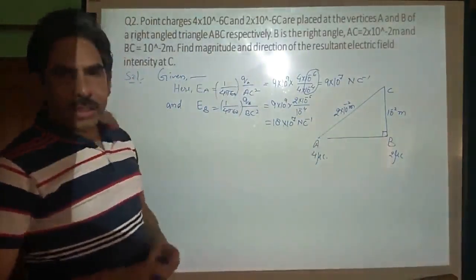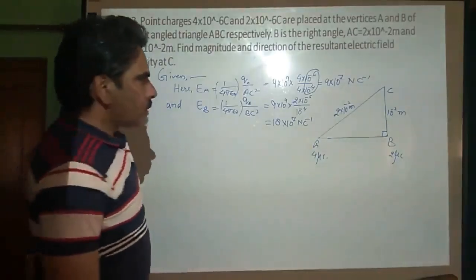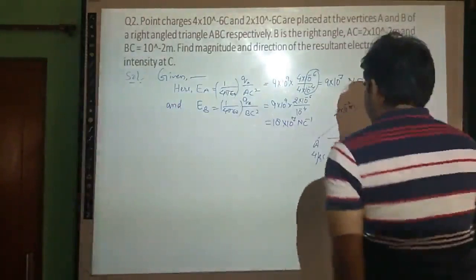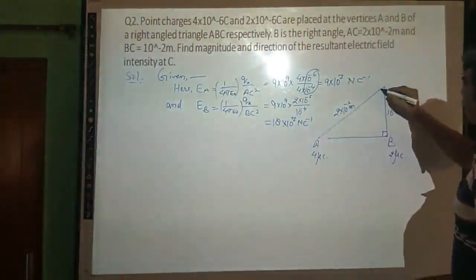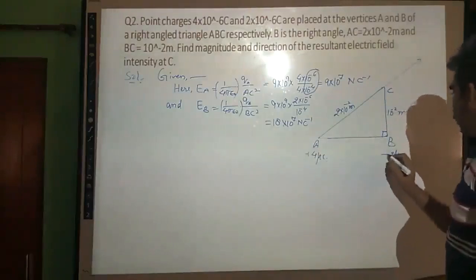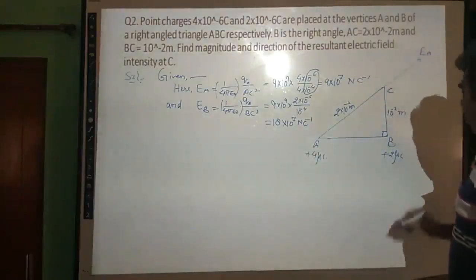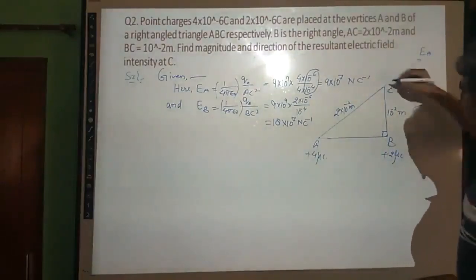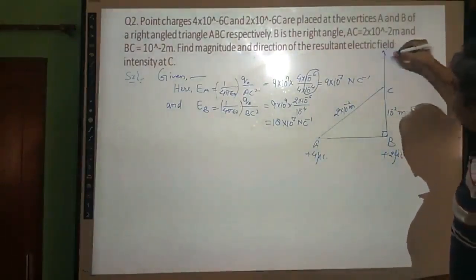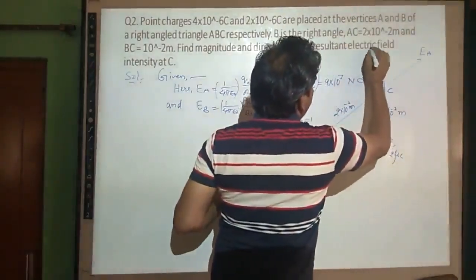To find out the resultant, we must know in which direction, because electric field is a vector quantity. So the direction of electric fields due to charge A, it is in this direction because it is a positive charge here. So this is EA, and due to charge at point B, it is also a positive charge, so electric field will be away from this, so it is EB.